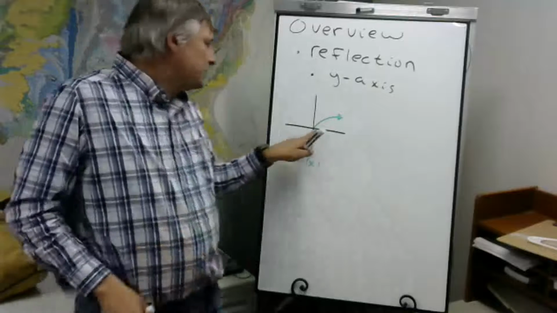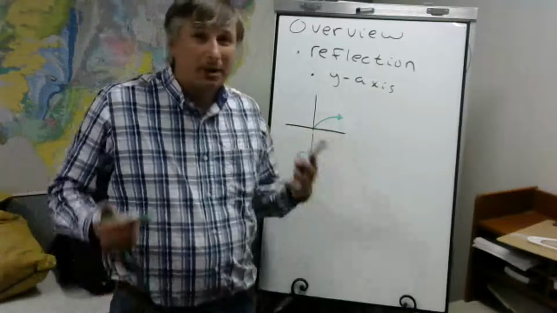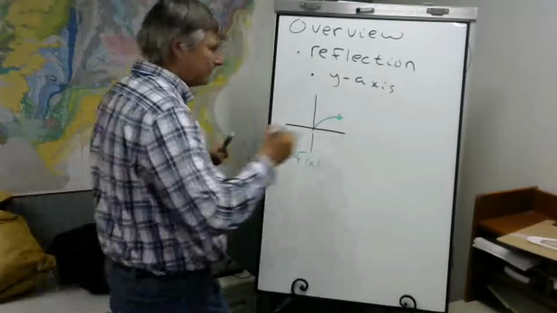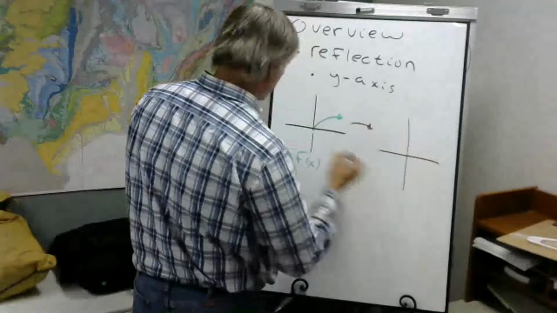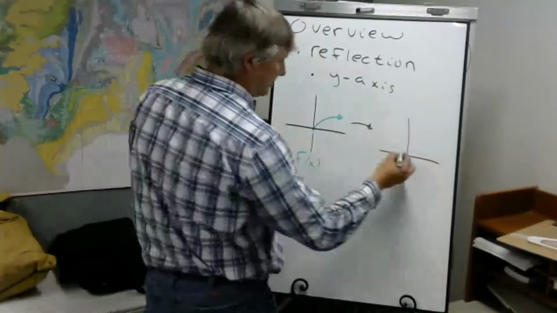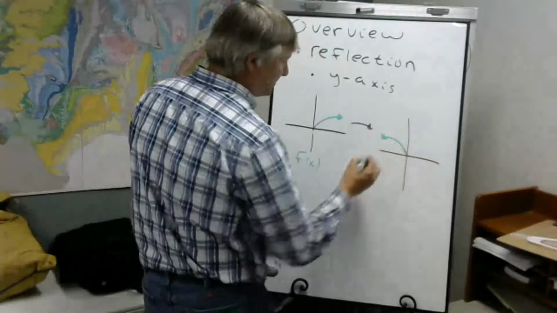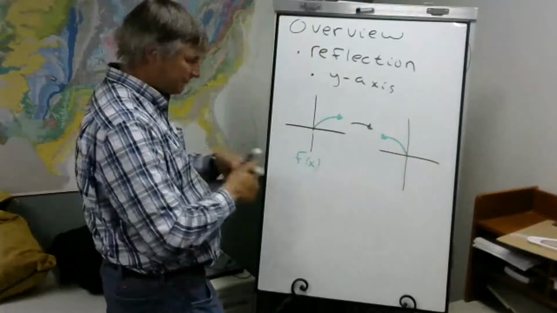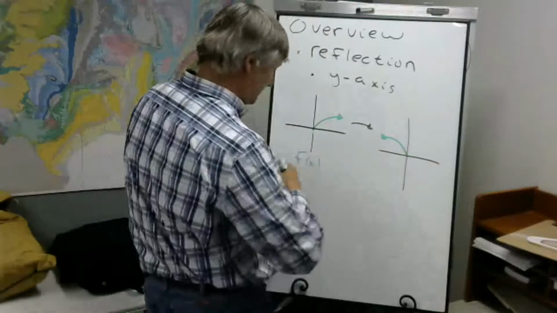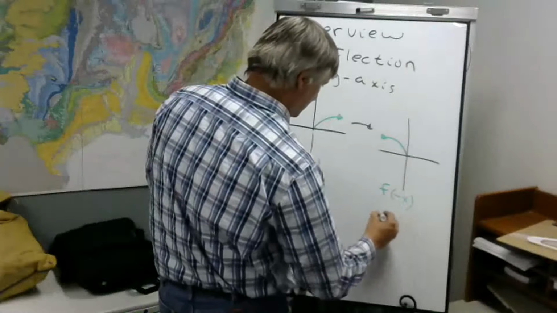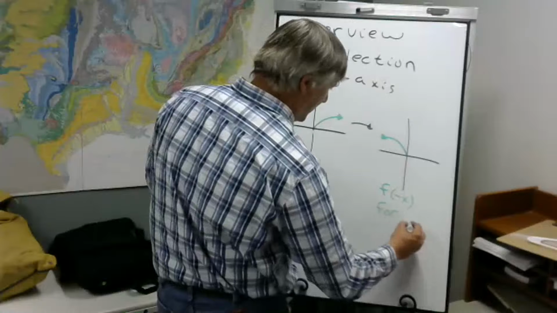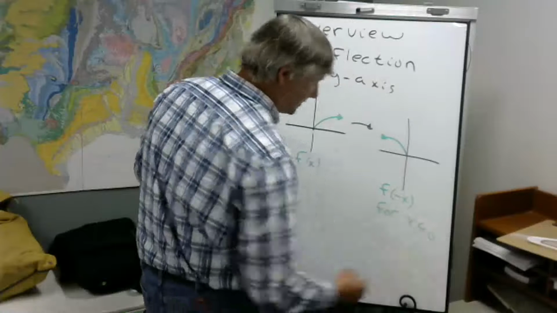The square root of x means we can only use inputs that are positive. So if we want to reflect this across the y-axis, we have to use x less than or equal to 0.